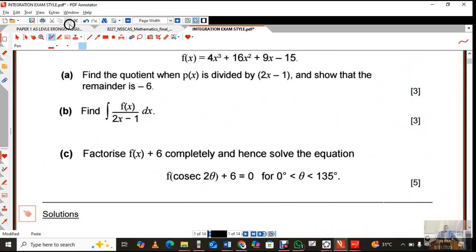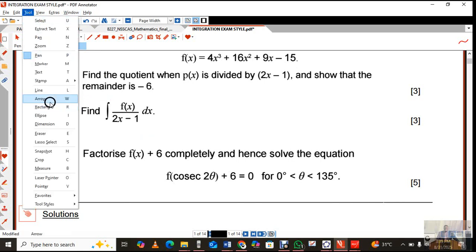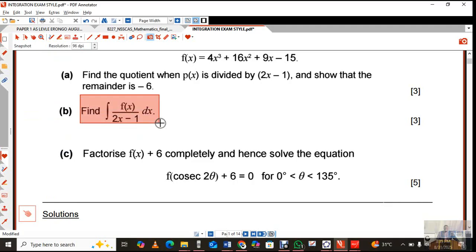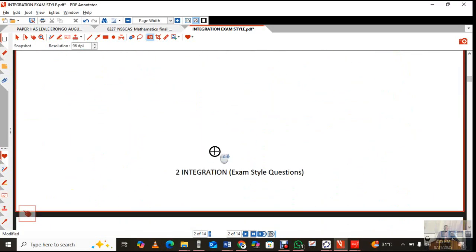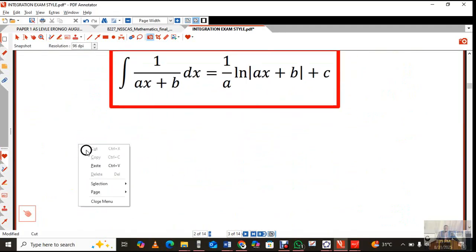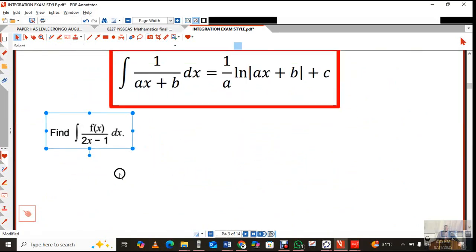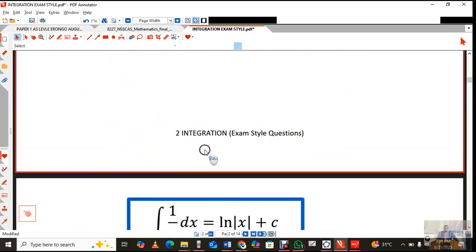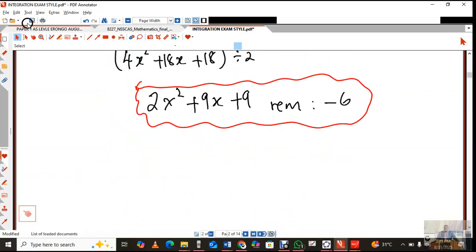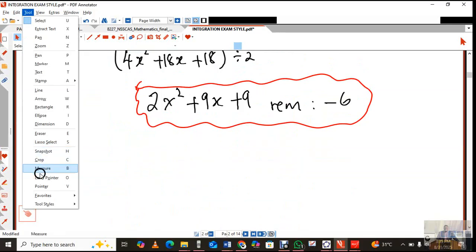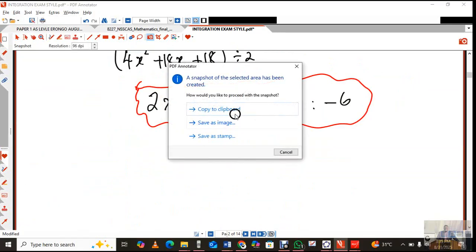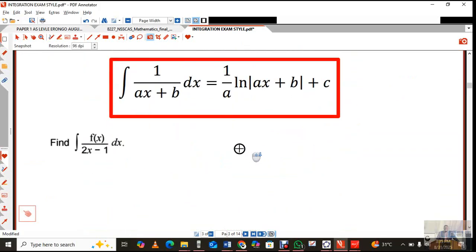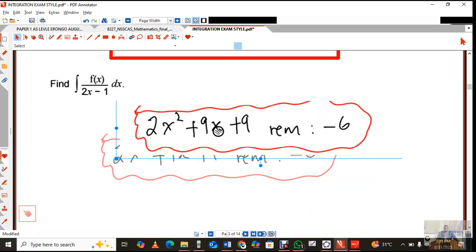So if you look at this function, let me just grab it. If you have to look at how that integral is, and I'm going to write it over here, you can clearly see that, of course, from our answer that we have over here, which I can also grab. It's very important. So this answer, I'm just going to bring it. There is clearly something that we need to do.